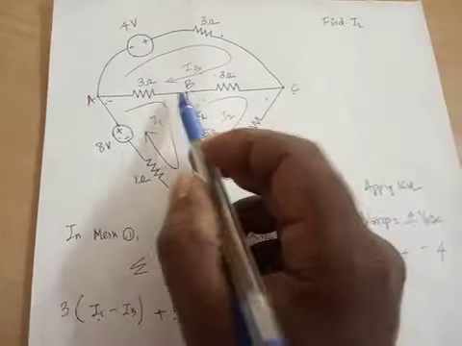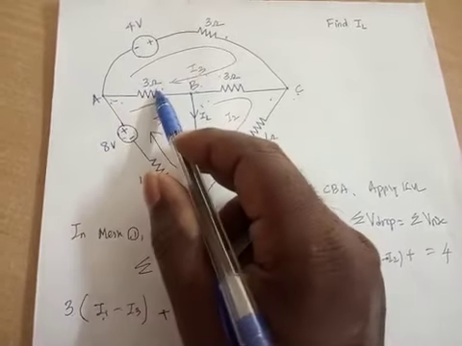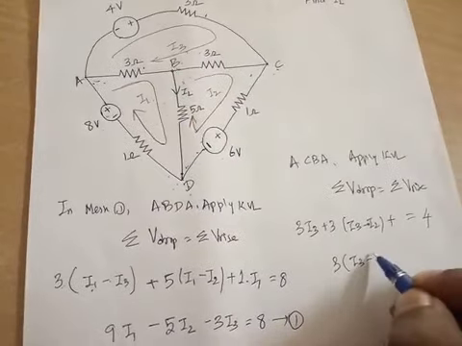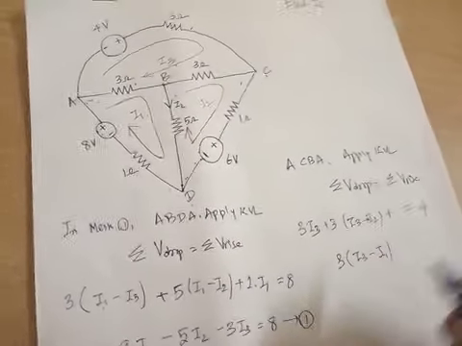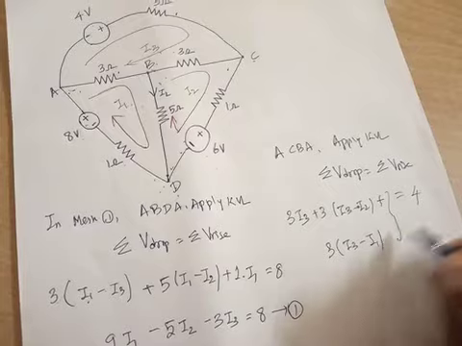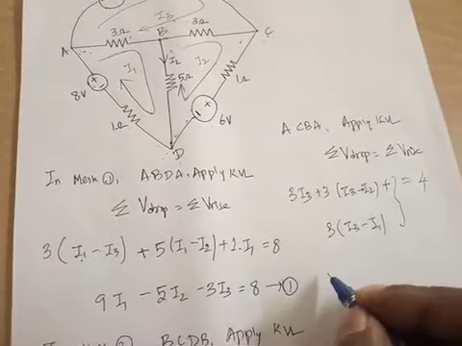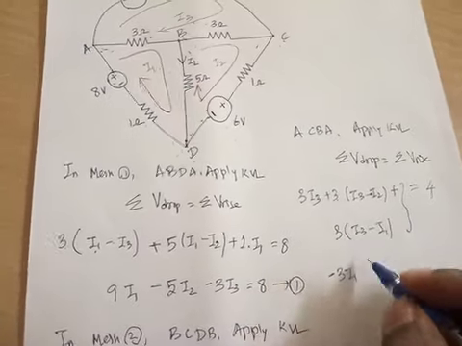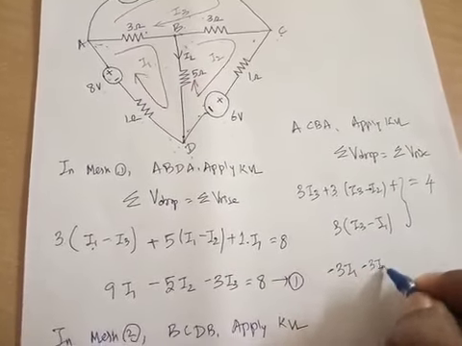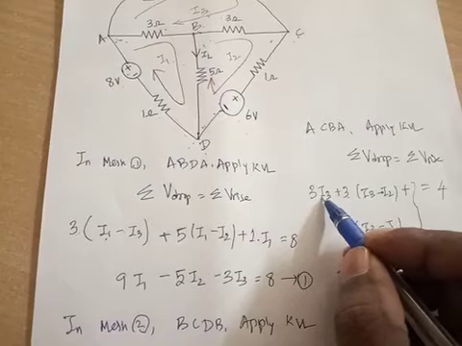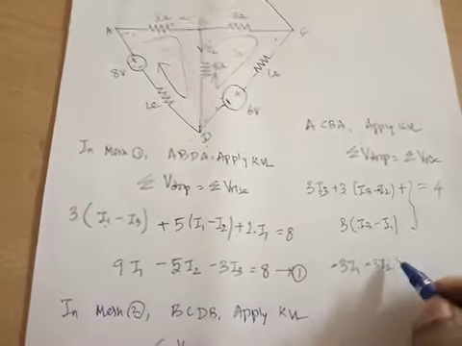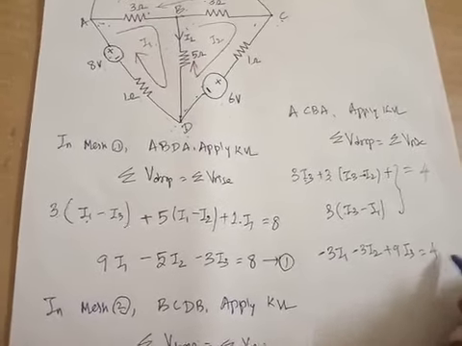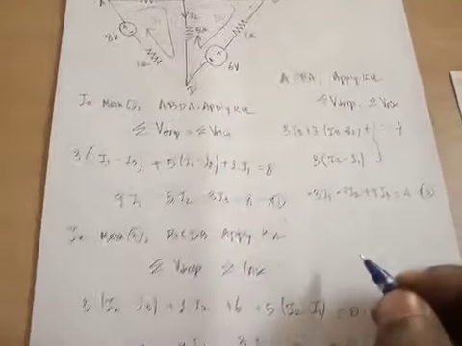Again, B to A, 3 ohm resistor, so 3 into I3 minus I1. Solving, you get minus 3I1, minus 3I2, plus 9I3 equals 4. Equation number 3.